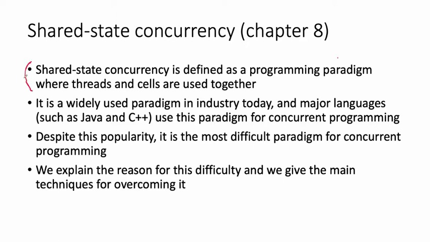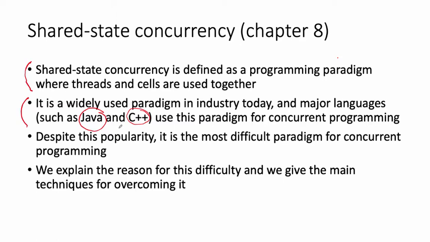In shared state concurrency, we're going to use threads and cells together. And this is actually extremely popular. It's used all over the place. All major languages, for example Java and C++, use this paradigm for concurrent programming. You might think, because it's so popular, it must be a great paradigm, wonderful. Actually, this is not the case.